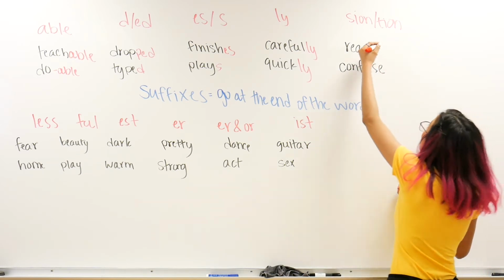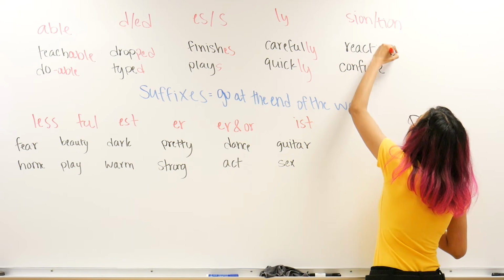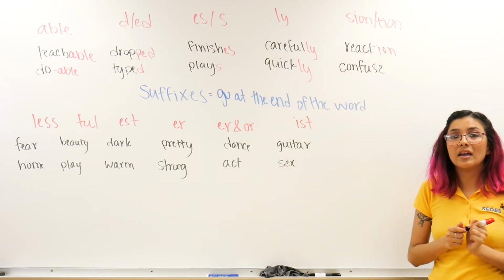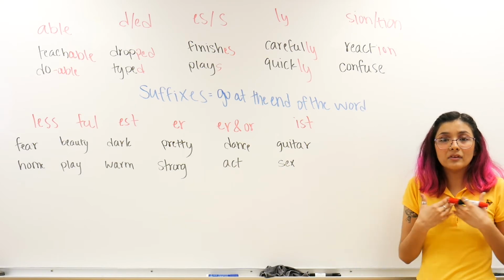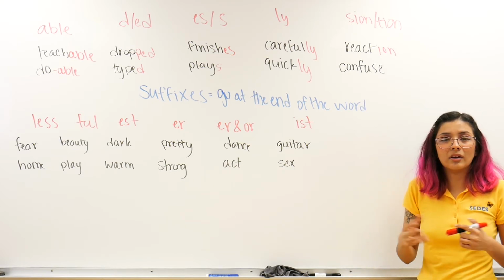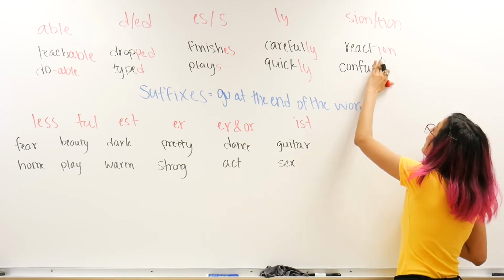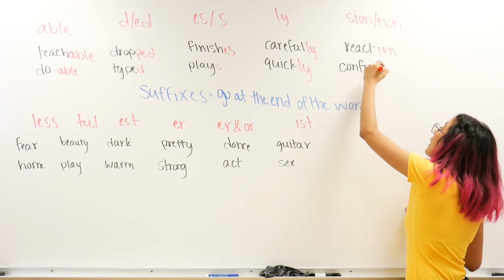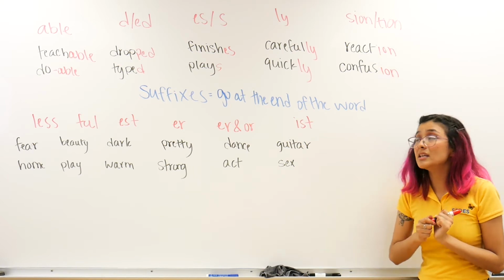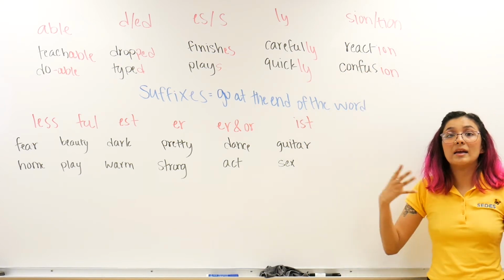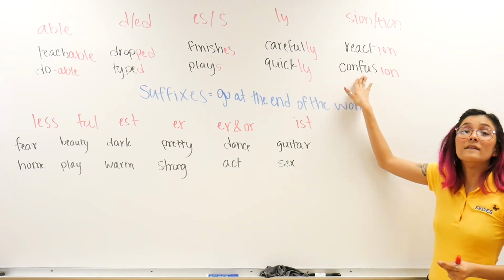Reaction. The same thing here, right? If I am expressing how confused I am, it is a confusion. Confusion. So here I would have to remove the E and replace it with I-O-N. I am just expressing how I am reacting. I am expressing how confused I am.